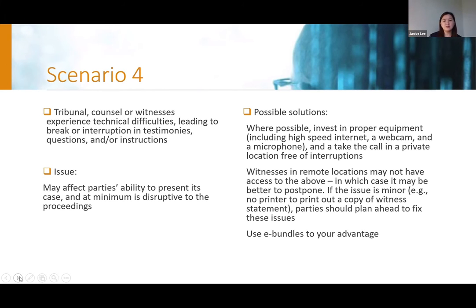The problem here is that sometimes you have witnesses or parties in remote locations, maybe not of their own choosing. They didn't want to be there, but they were constrained by circumstances. If the witness is crucial, a critical witness, you have to consider whether it is best to just postpone the hearing.